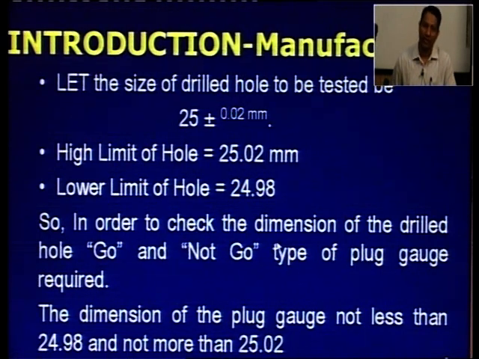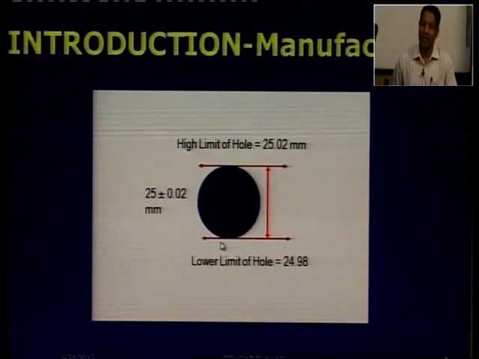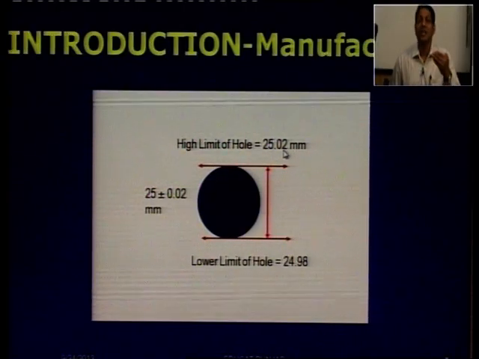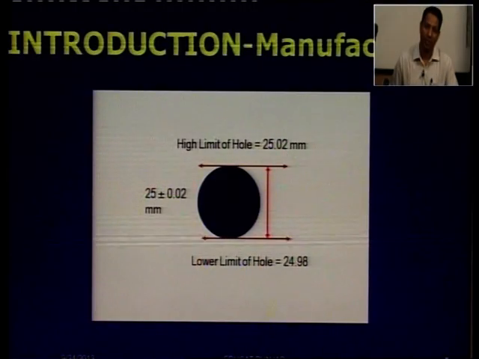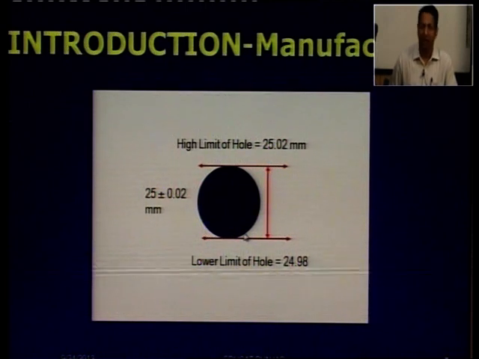So in order to check the dimensions of the drilled hole, go and not go type plug gauges are used. First we will try to insert the not go gauge, meaning a gauge above the size of 25.02, into the hole.